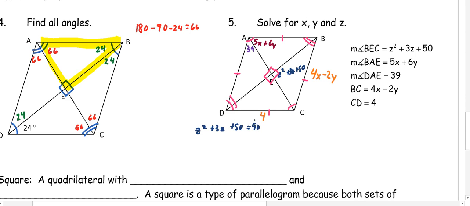I can subtract 90 from both sides, so z squared plus 3z minus 40 equals 0. So I need two numbers that multiply to negative 40 and add to 3. So I have z plus 8 and z minus 5. So when I solve, I get z is negative 8 and z is 5.